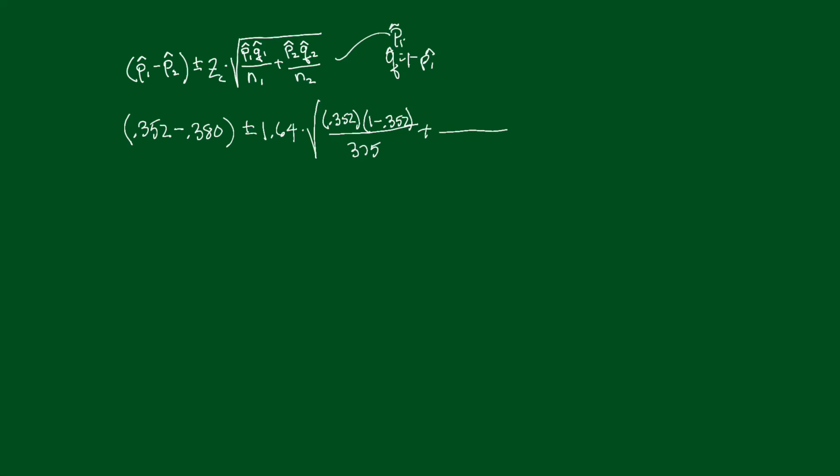Plus, here's where I am, p2 hat was 0.380, and then 1 minus 0.380 to get q2 hat, all over n2, and n2 is 571.